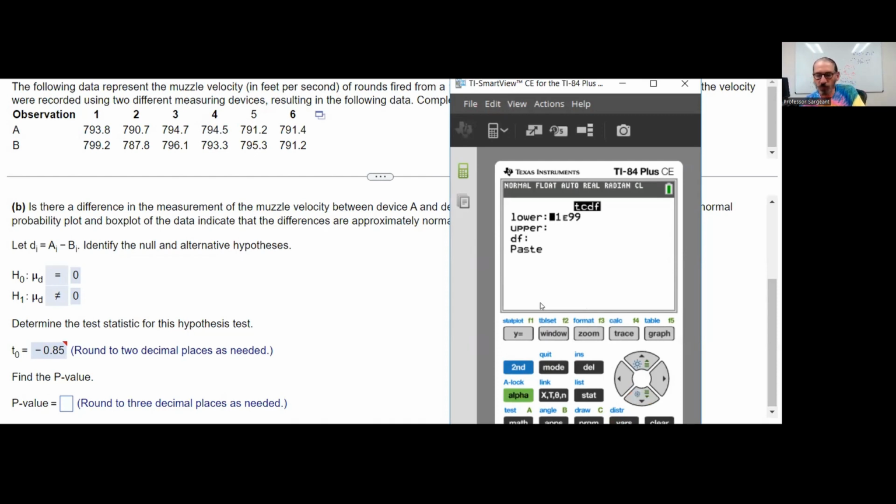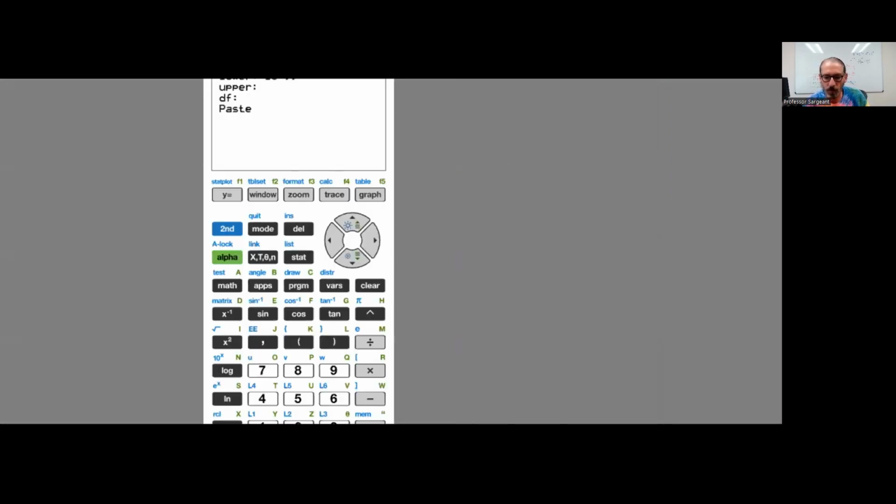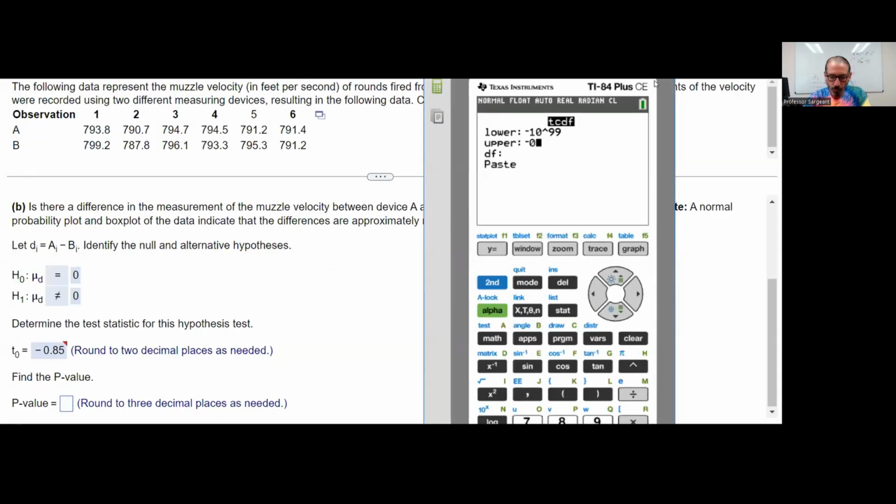Since that was a negative value for t, I would start infinitely to the left of that with a negative 10 to the 99, going up to that finite upper bound of negative 0.85. Degrees of freedom was 5.